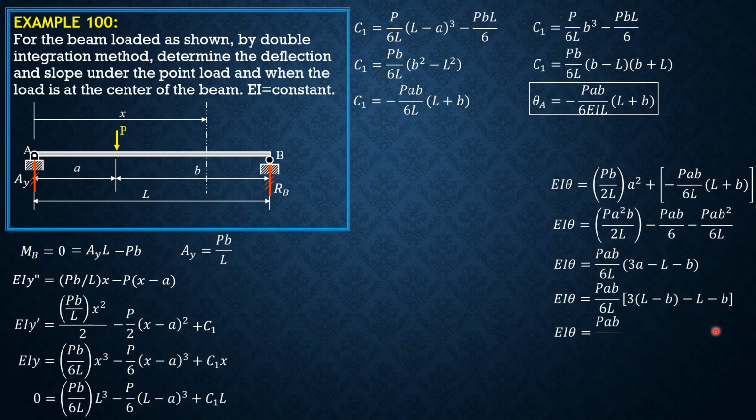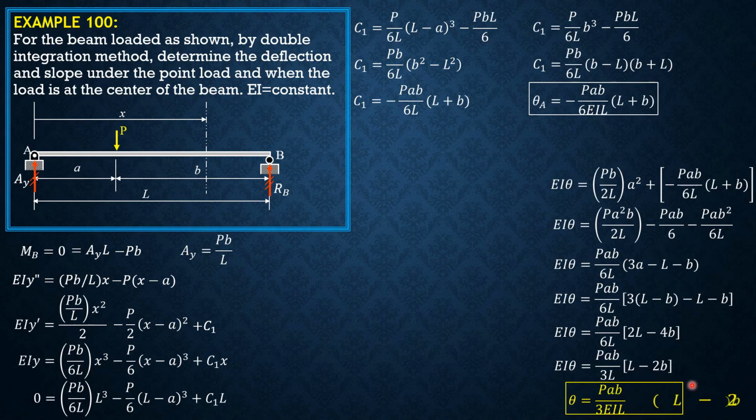So EI theta is PAB over 6L, quantity 2L minus 4B. Then factor out 2. So EI theta is PAB over 3L, quantity L minus 2B. Finally, theta under the load is PAB over 3EIL, quantity L minus 2B. So this will be the value of theta under the load P.